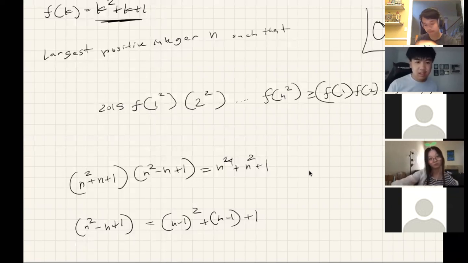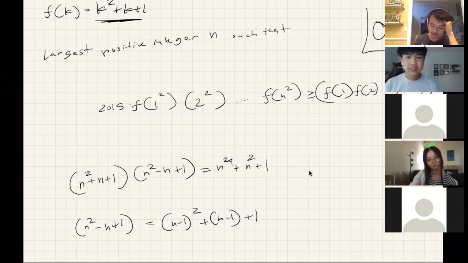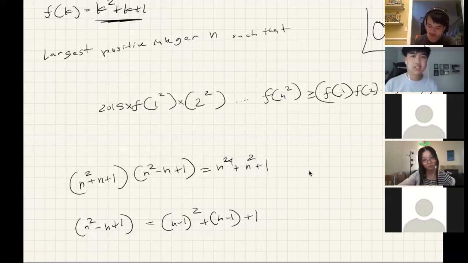Your goal is to determine the largest possible integer n such that 2015 times f of 1 squared times f of 2 squared times f of 3 squared, all the way up to f of n squared.